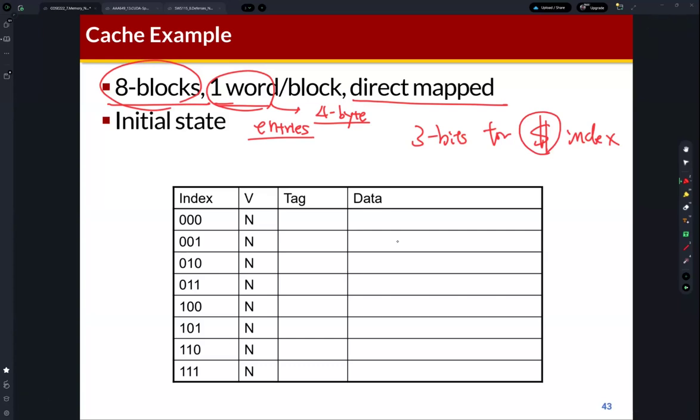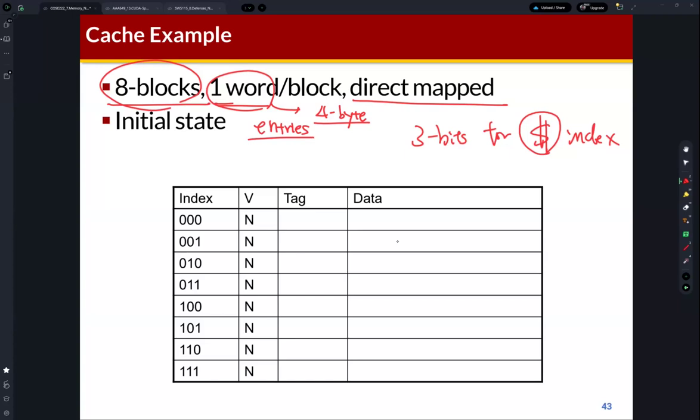I frequently use the dollar sign for representing cache because the pronunciation is the same as cash, which represents money. In computer architecture, we frequently represent cache as the dollar sign, like L1 cache, L2 cache. So I also frequently use the dollar sign as cache because the pronunciation is the same, but the meaning is different.